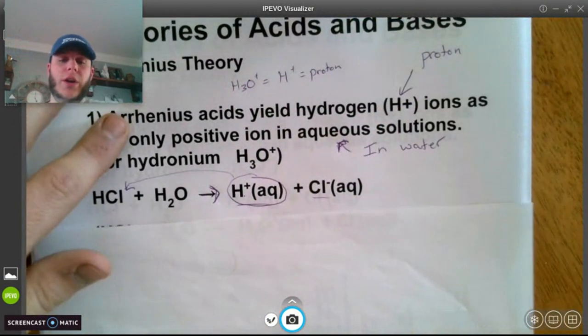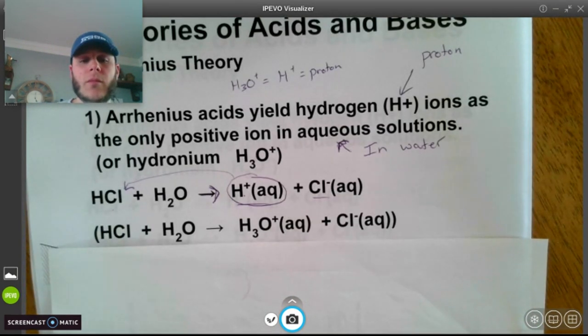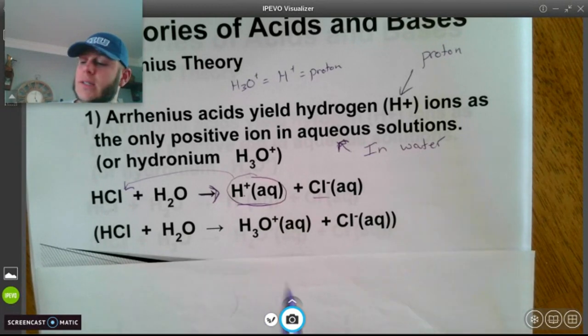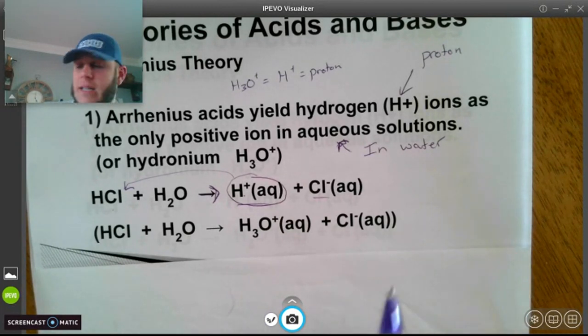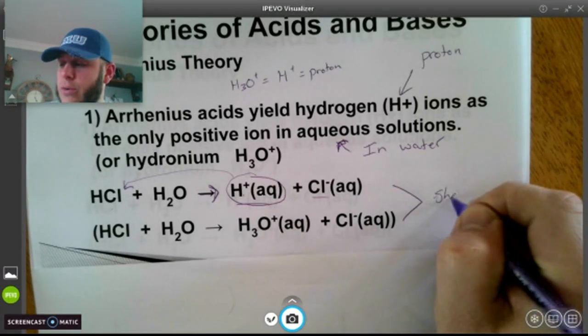Another way to write that, and it's the exact same formula: HCl and H2O make H3O+ and Cl-. These two equations show the same thing.